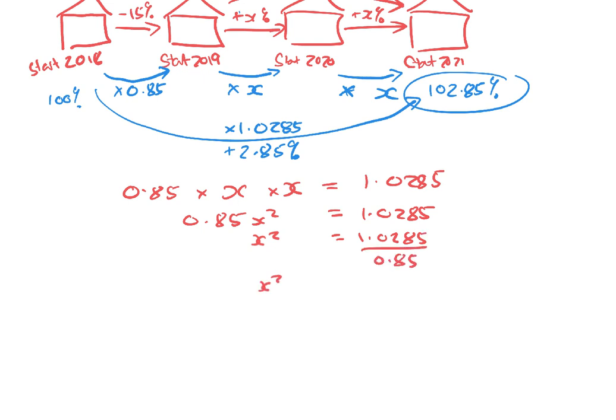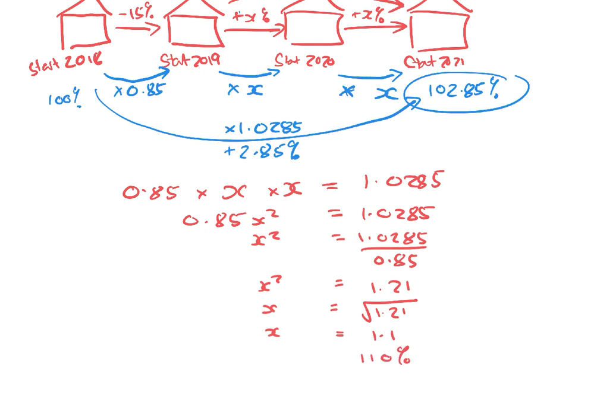So X squared is equal to 1.21. If I square root both sides, X is equal to the square root of 1.21 and X is equal to 1.1. It cannot be negative 1.1, as that would not work in this situation because we know that things are increasing. And 1.1 is equivalent to 110%.